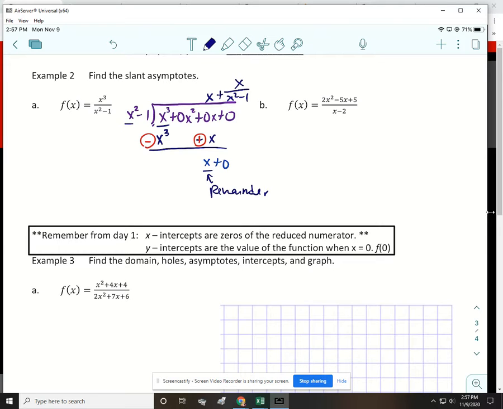Now, one thing I want you to know about slant asymptotes is we do not need the remainder. So we just always mark off the remainder. We don't need it. So your slant asymptote is the line y equals x. So y equals whatever there is before the remainder, or it's really just the quotient part without the remainder.